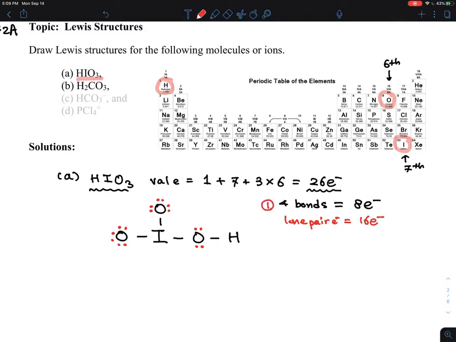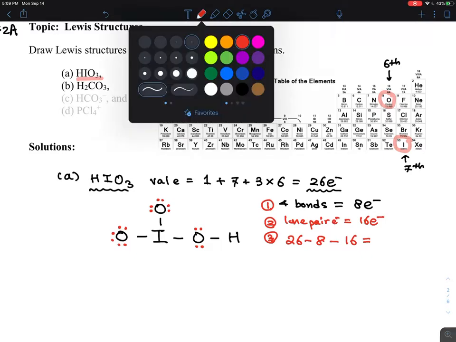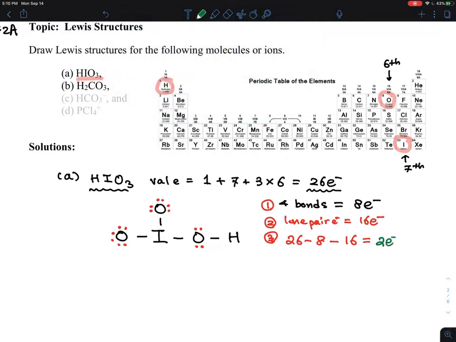So that's the first step and the second step. And my third step is, okay, so of the 26, use them for the bonding and to satisfy the octet rule. And then what you have left goes inside the iodine. That was 2 electrons left. So I'm going to use different colors now. So 2 electrons left, and the last step is to put the 2 electrons on the center atom.